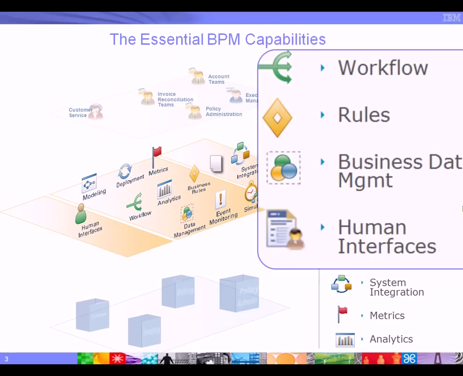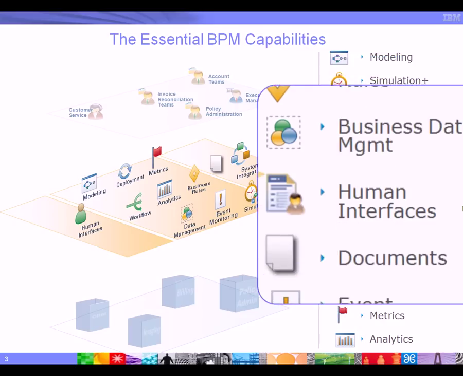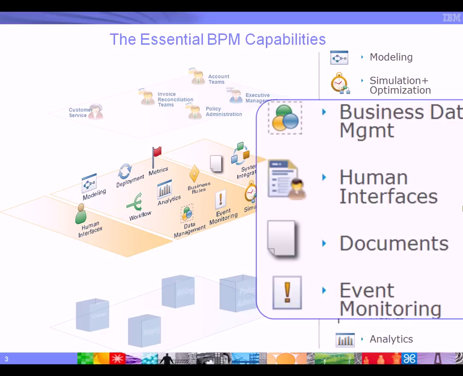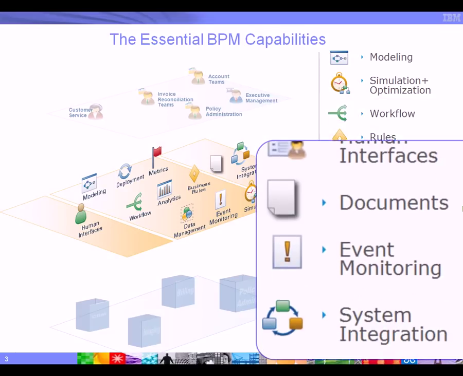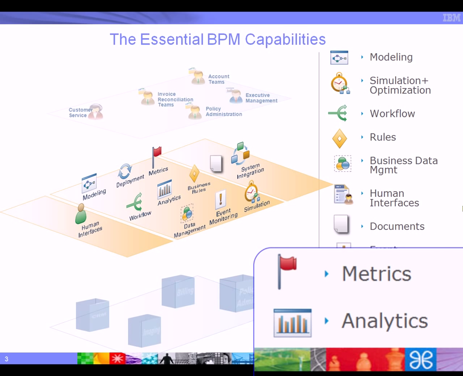We can create user interfaces and change them quickly, managing documents and events throughout the process, and tying into existing IT systems. And the metrics and analytics, the key performance indicators, the thresholds, the reports that business needs in order to better manage the process are a core part of what business process management does.